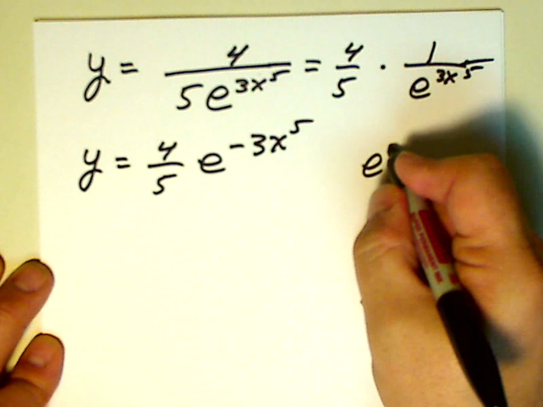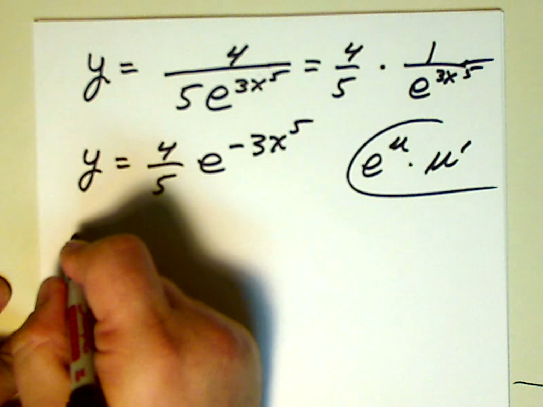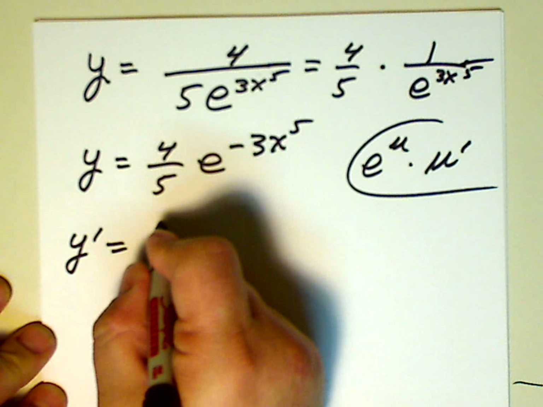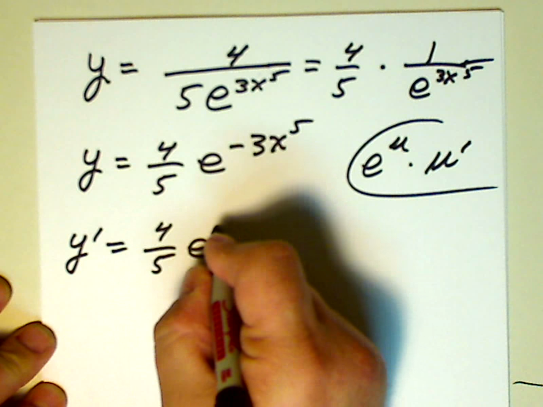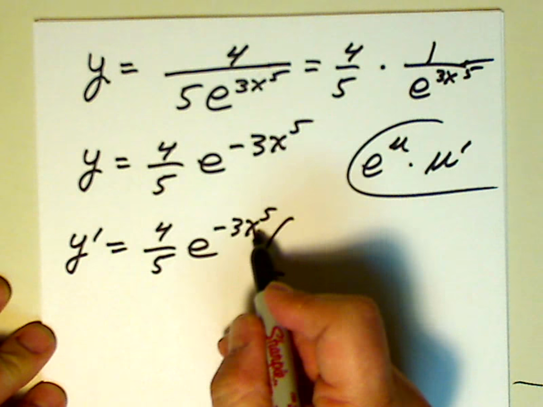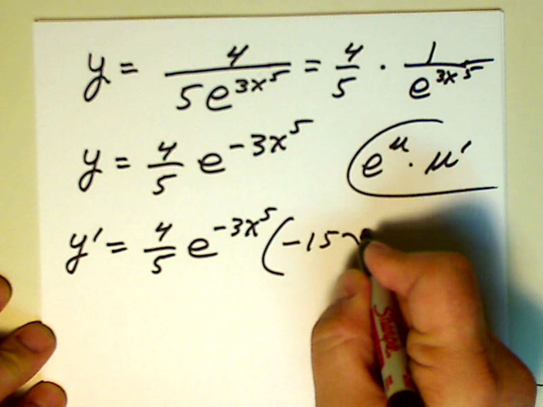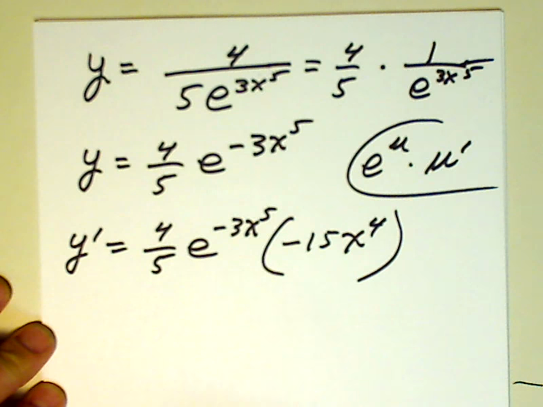And remember, this is e to the u times u prime as the derivative. Therefore, y is equal to 4 over 5 e to the negative 3x to the 5th times the derivative of negative 3x to the 5th, which is negative 15x to the 4th.